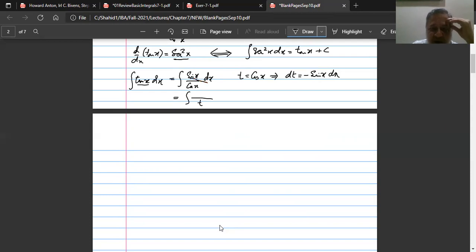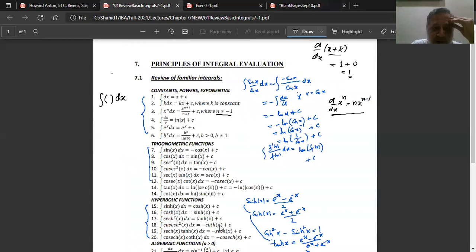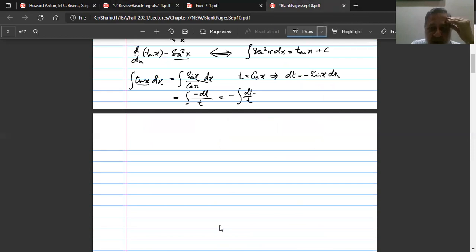Sine x dx is minus dt, and that makes it an integral of what type? Integral dx upon x, which is log x. So I keep my negative sign as it is and write down minus log of t plus c.